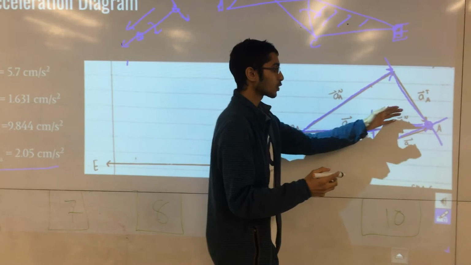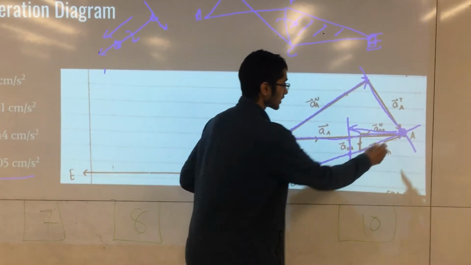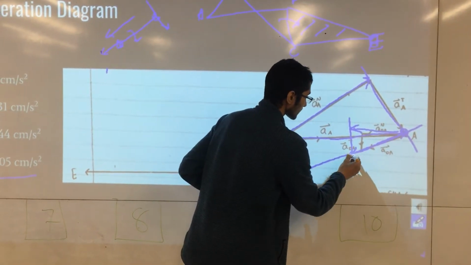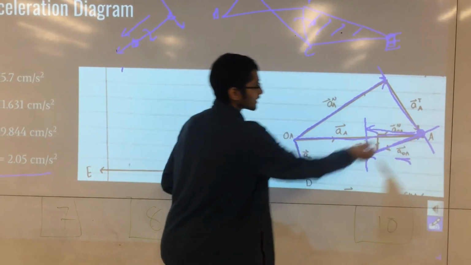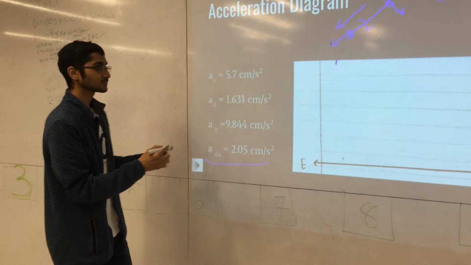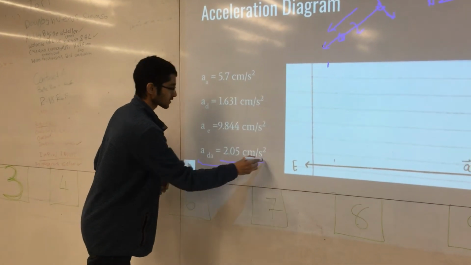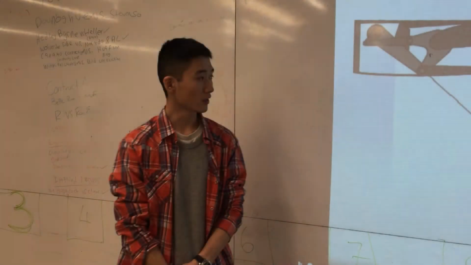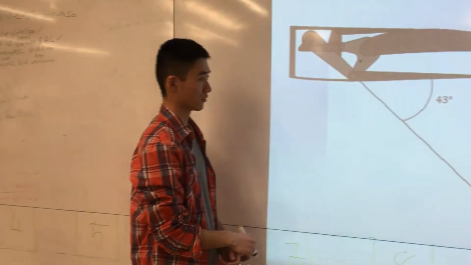So really, the normal component and the tangential component, when you take the resultant, ADA is that line over there, and that's this number right here.